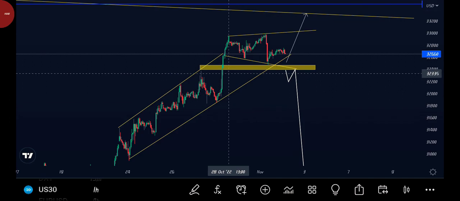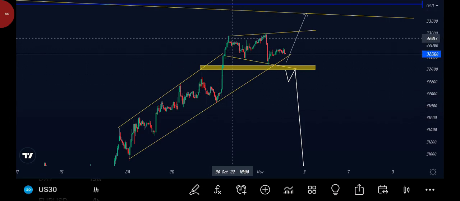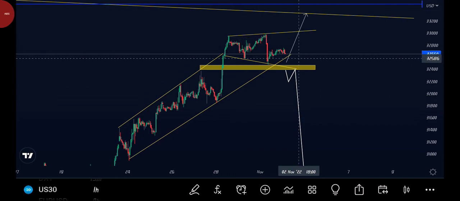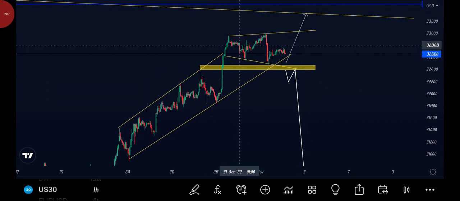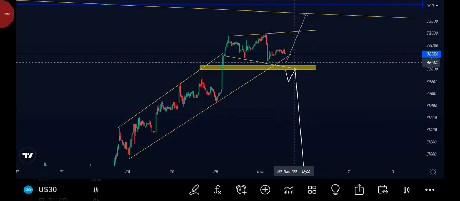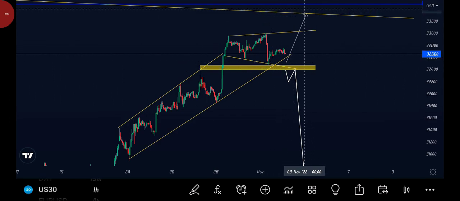Reason being, this one over here, it's an impulse move. After the impulse, now this one becomes the correction. After this correction, we expect an impulse move, which might target the trend line, guys.